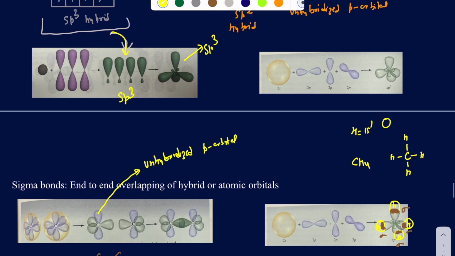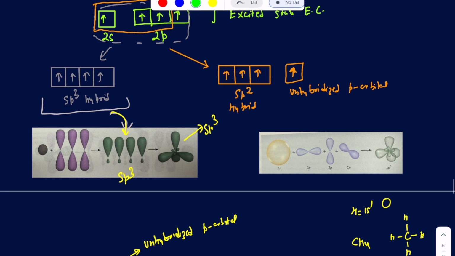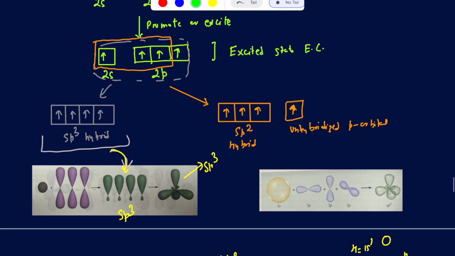So if I go back to this step here where I said, even though I have a total of four orbitals that can be hybridized or mixed, I don't necessarily have to use all four of them. I could use one from the s and two from the p, and as a result, I make sp2 hybridization here, which means I would have three orbitals with the balloon shape, and then one of the p orbitals would stay unhybridized.